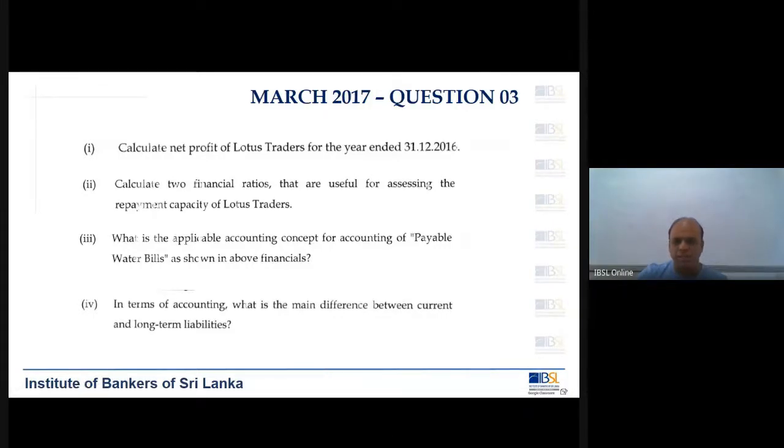Can somebody tell me? Can anyone answer why or how they have gotten this payables item into their books?